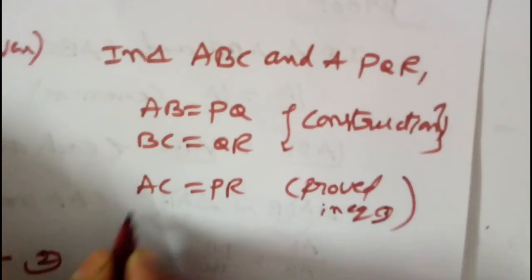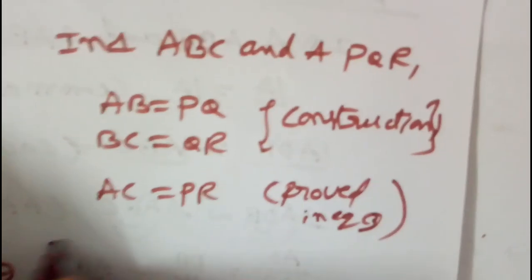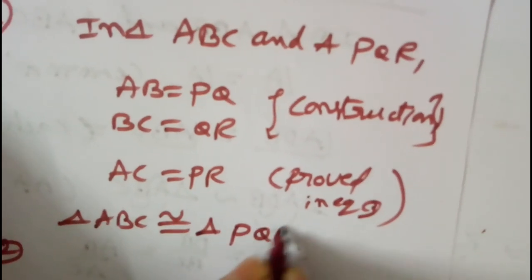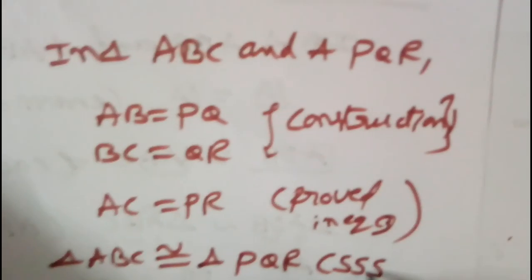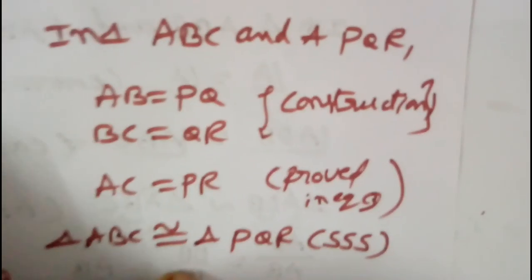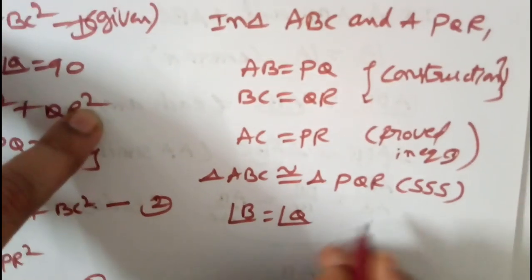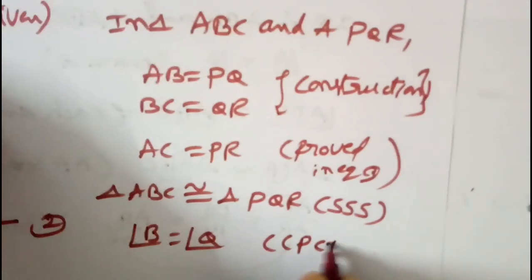So by SSS congruency, these two triangles are congruent. Triangle ABC is congruent to triangle PQR, SSS congruency. If two triangles are congruent, all the corresponding parts are equal. Then angle B is equal to angle Q, corresponding parts of congruent triangles.